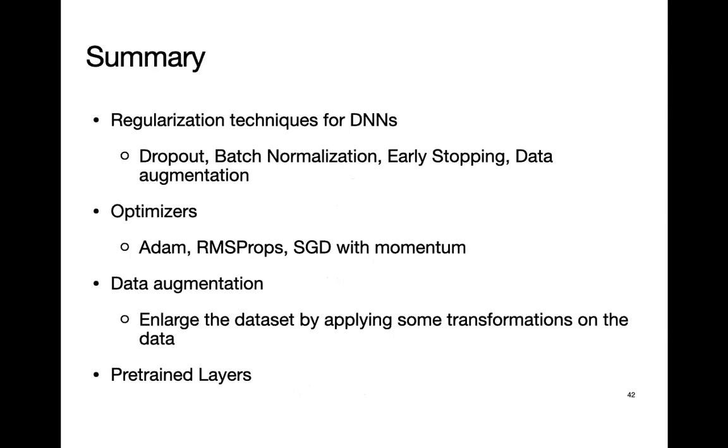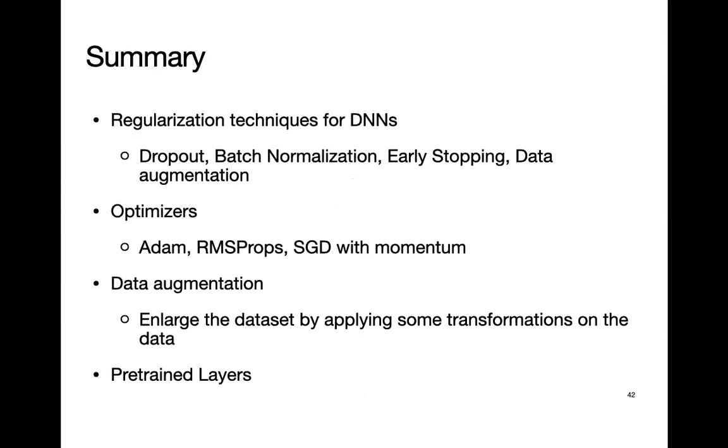So we are almost at the end, and as a summary, we saw regularization techniques for deep neural networks. If you want to regularize your model, you can use Dropout or batch normalization. In Dropout, you randomly turn off some neurons, to increase the bias of your model, but decrease the variance at the end.